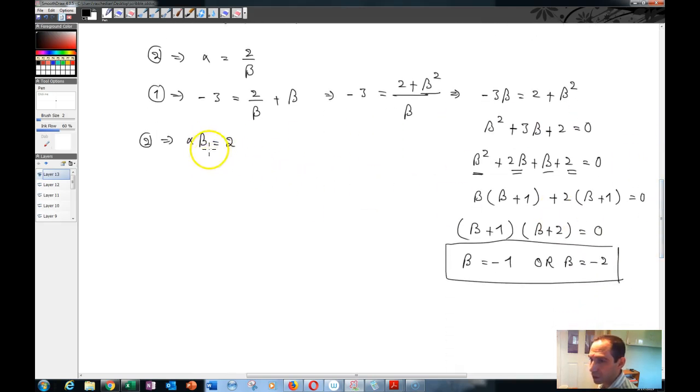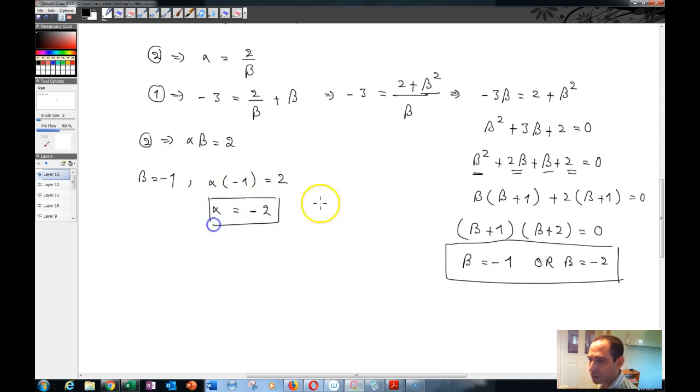So now if beta is equal to -1 from here, then alpha times -1 is equal to 2. That means that alpha is equal to 2 divided by -1, which is equal to -2.